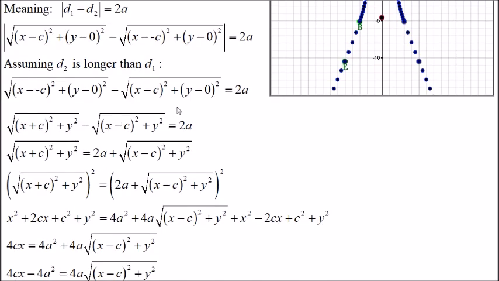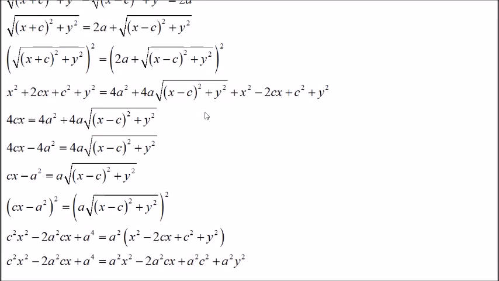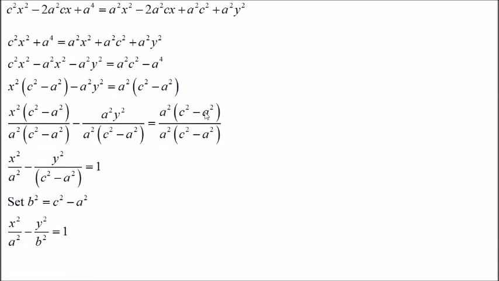And then we just use algebra and work this out, and it will come down to x squared over a squared minus y squared over c squared minus a squared. Now set b squared equal to c squared minus a squared.